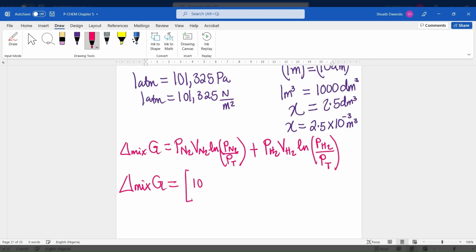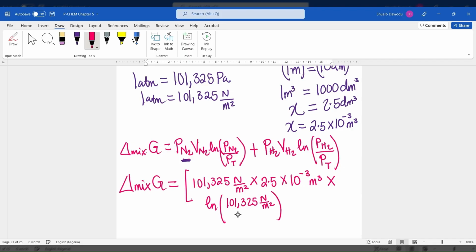We now have 101,325 Newton per meter squared, that's for the pressure here, multiplied by the volume, which is simply 2.5 times 10 raised to the power of negative 3 meter cube, multiplied by ln of the pressure of nitrogen gas, which is simply 101,325 Newton per meter squared, divided by the total pressure.